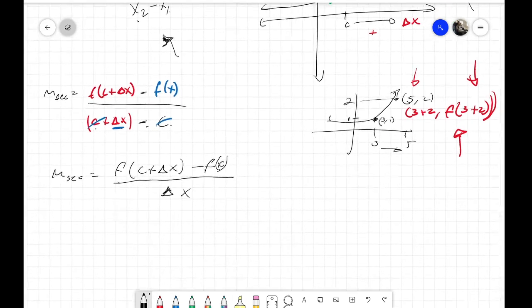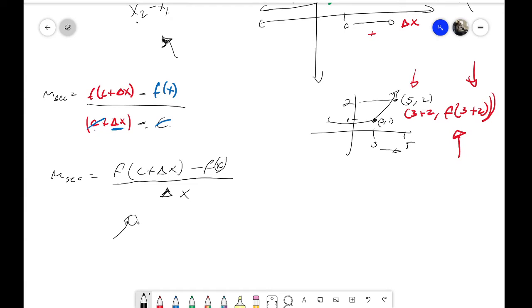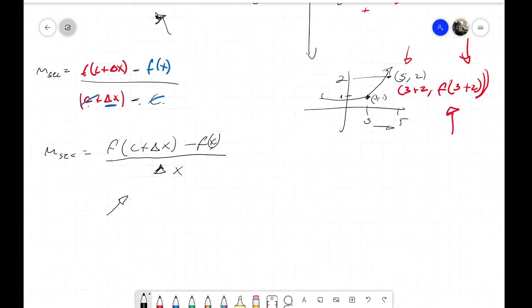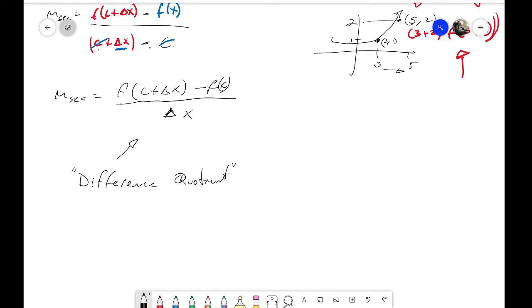And this right-hand side is what, in pre-calculus, if you took pre-calculus at Lehman, this should bring some memories back. This is called the difference quotient. We did this also in our review in the first week of classes. So this is the so-called difference quotient. Here the denominator delta x is the change in x, and the numerator delta y is the change in y.